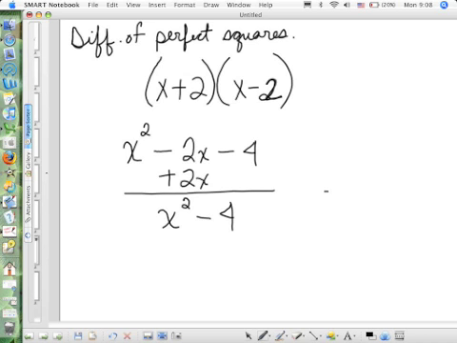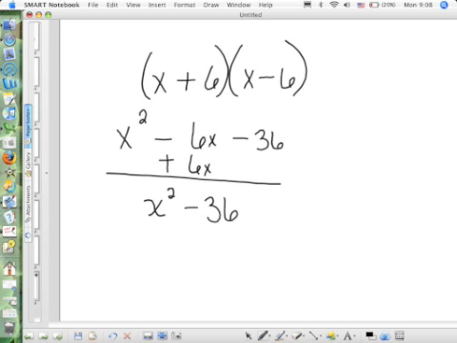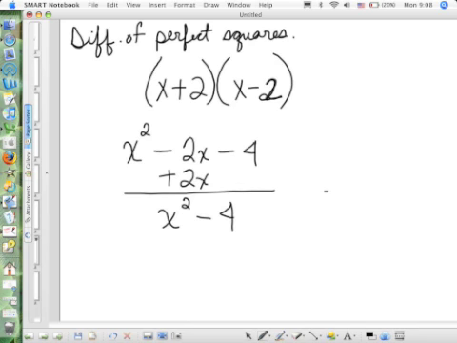What do you notice about those two problems that we started off with? The groups are exactly the same, except one is plus and the other one is minus. See, x and 2, plus minus. x and 6, plus minus. And what do we get in the final answer? A perfect square.